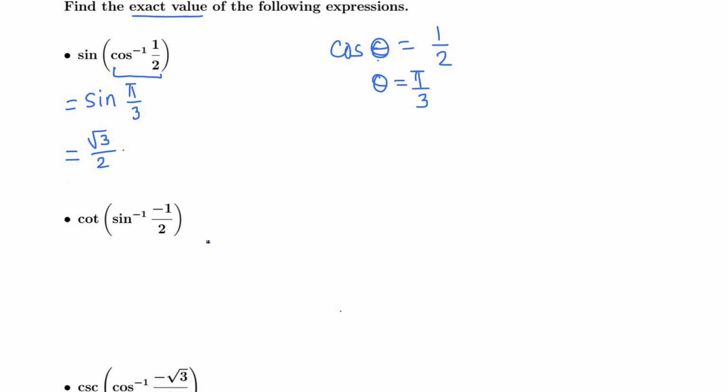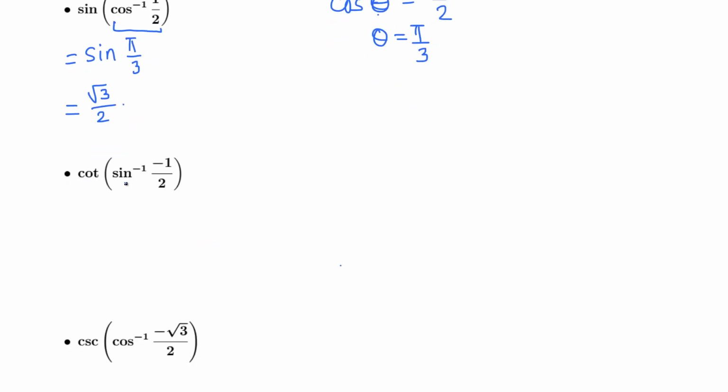Okay, here in the next, cotangent of sine inverse of -1/2. So we're going to find the angle, then take cotangent of that angle. So sine inverse of -1/2. For sine inverse we can pull the negative outside, so negative sine inverse of 1/2.